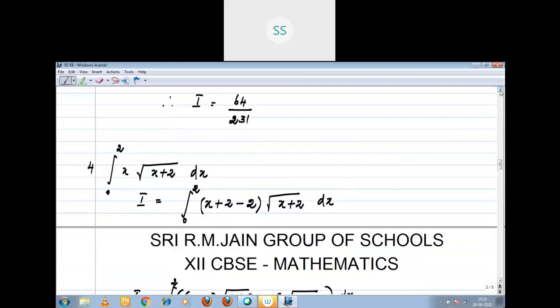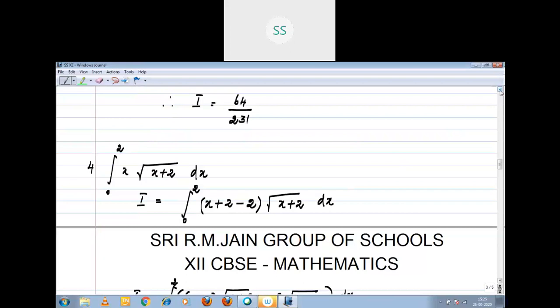Here square root of x plus 2 is there. Based on that, I am going to change x in terms of it, but I didn't disturb the given function. At the same time, I am going to modify the function. How I am going to modify, you see.